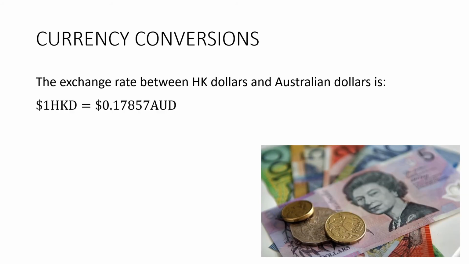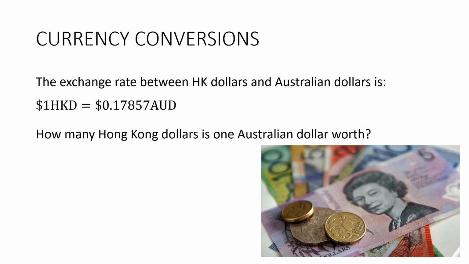Now, currency conversions are a really common application of inverse rates. So here we've got the exchange rate between Hong Kong dollars and Australian dollars. 1 Hong Kong dollar is equal to 0.17857 Australian dollars. Now suppose we want it the other way around. We want 1 Australian dollar equals however many Hong Kong dollars. That's an inverse rate.